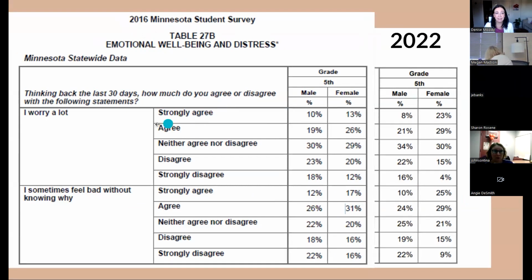I worry a lot, strongly agreeing, 13% to 23%. Whereas we actually see the male students' amounts, at least on strongly agree, going down. It is going up on agree.